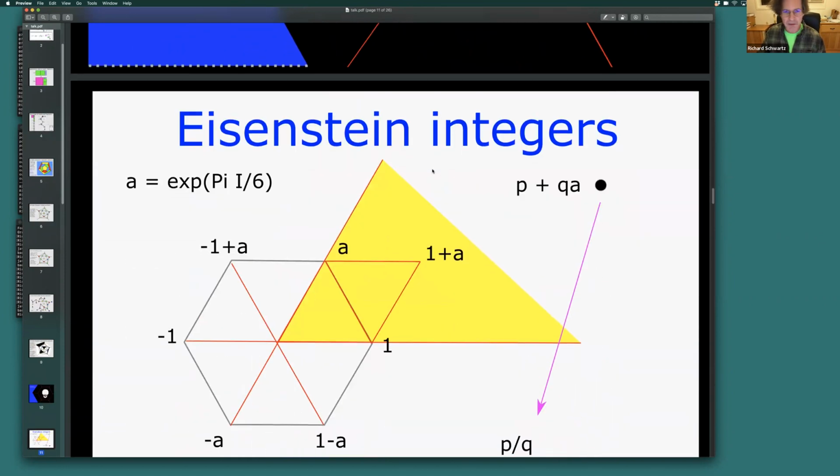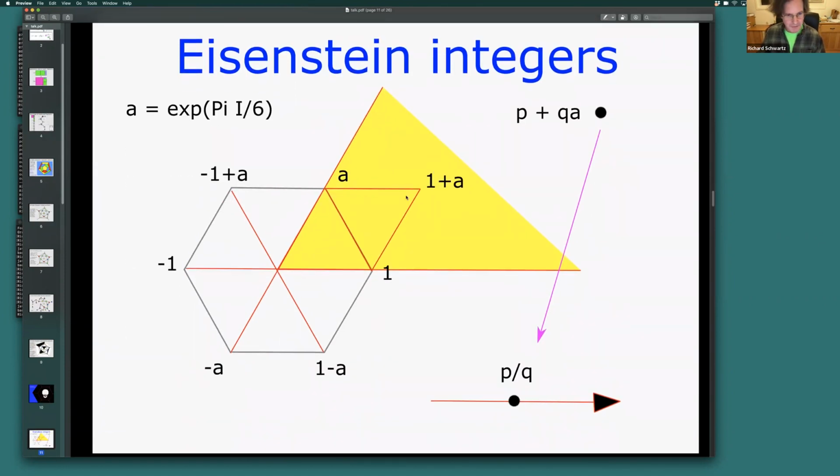So I want to say a word about Eisenstein integers. You have the usual triangular grid in the plane, and if you make the edges unit length, then the vertices all have the form P plus QA, where P and Q are integers and A is the sixth root of unity.